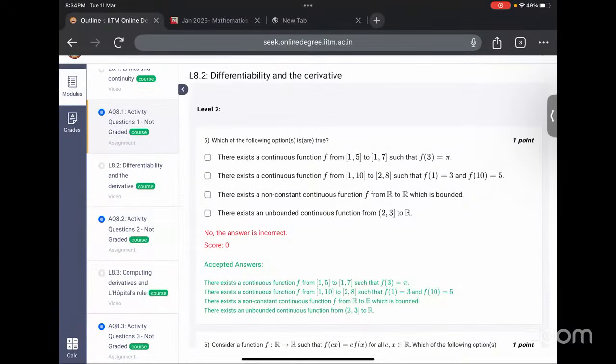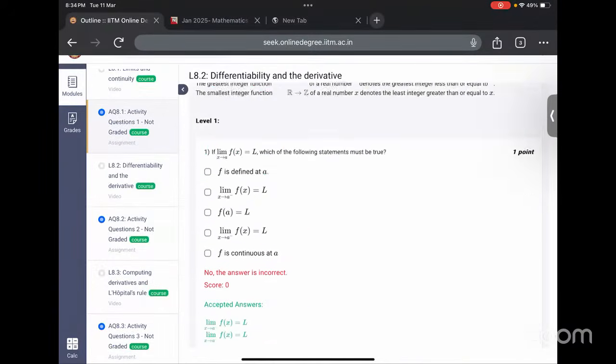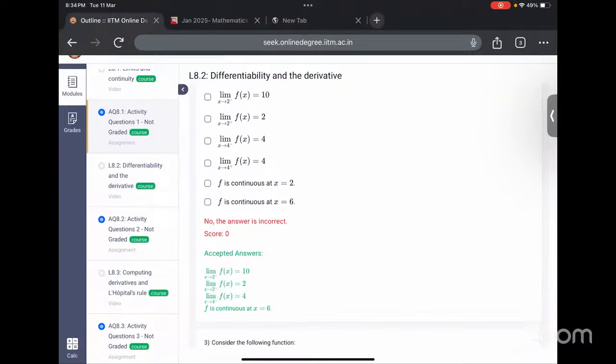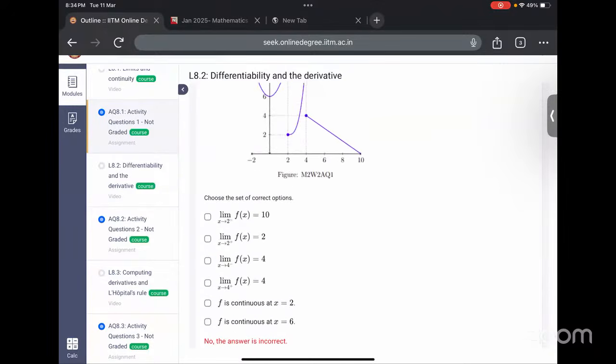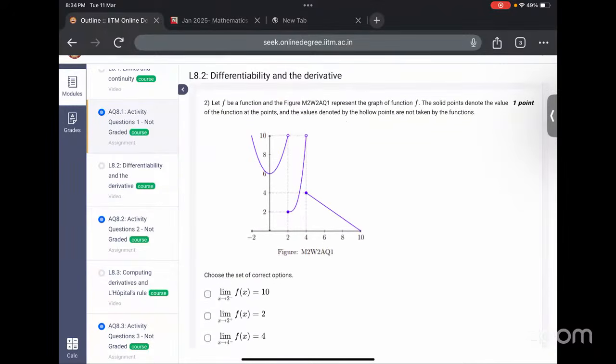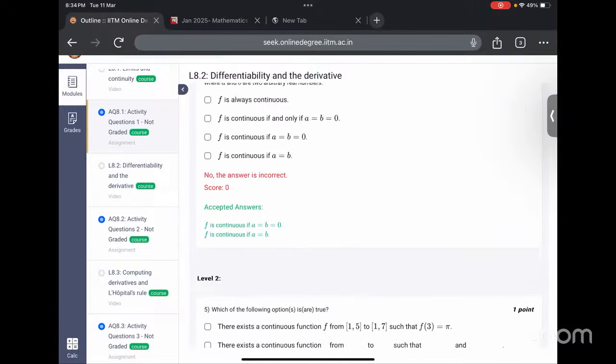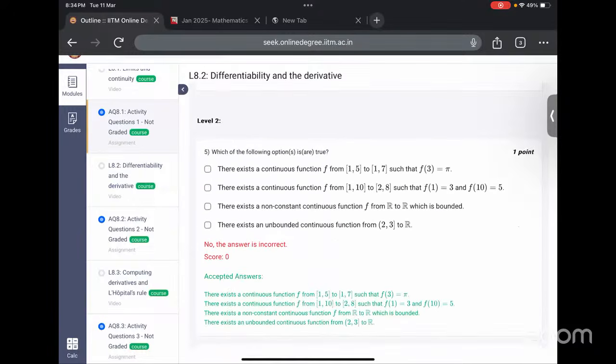Anything else in 8.1? Ma'am, in question number 5, the last option. Ma'am, it is left side open. That's why we have said that the function will be bounded.